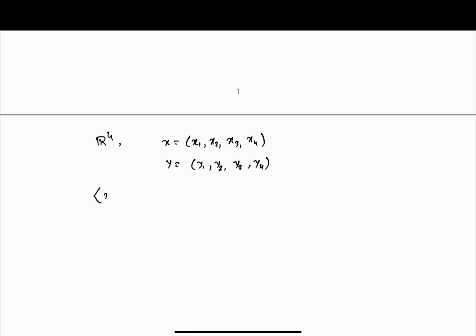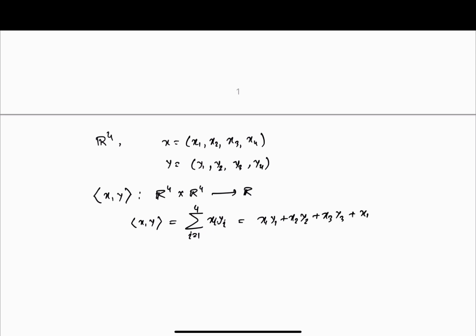An inner product is a map from R4 cross R4 to R. How is this defined? It is the sum for i equals 1 to 4 of x_i y_i, so x1 y1 plus x2 y2 plus x3 y3 plus x4 y4.